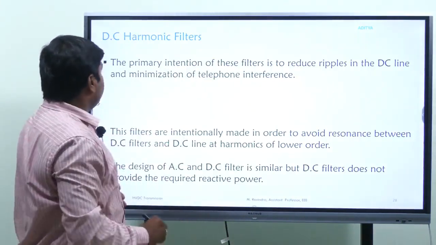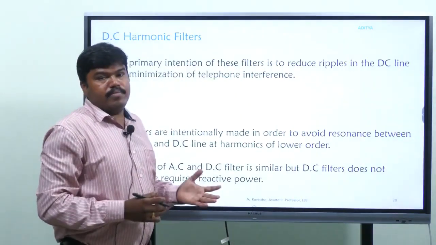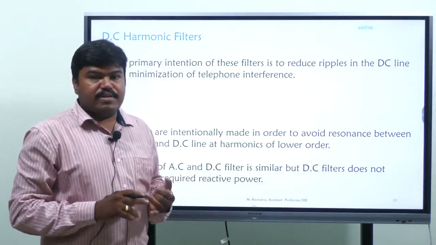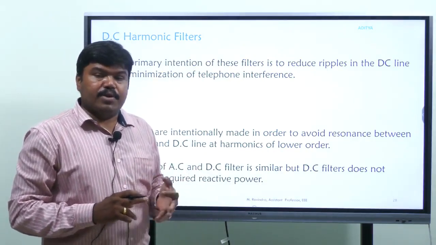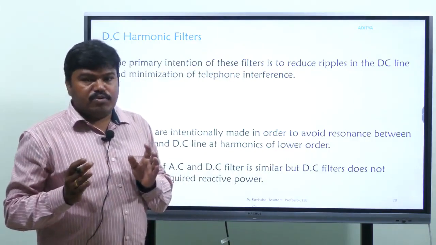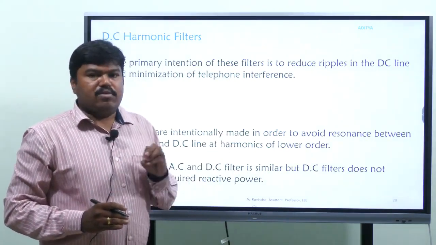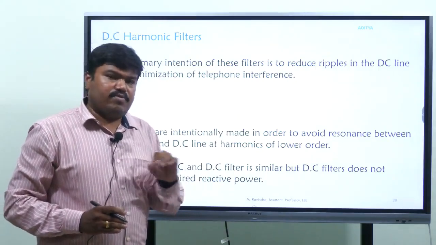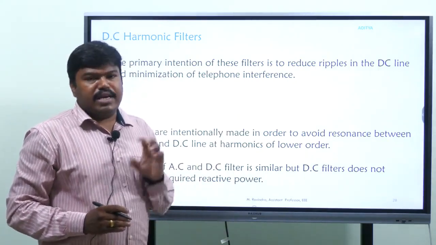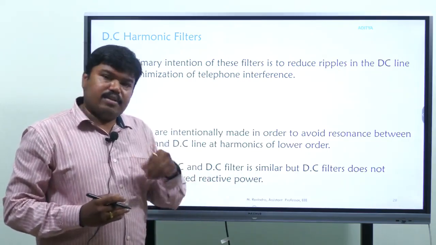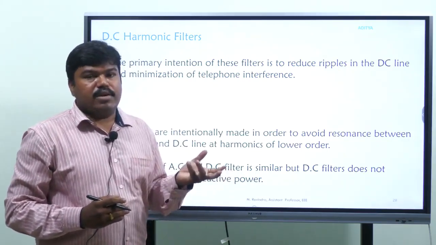Okay. Now, we have discussed the types of filters: low pass filter, high pass filter and band pass filter. A low pass filter allows all low order frequencies. A high pass filter allows higher order frequencies, you can consider harmonic orders greater than 24.